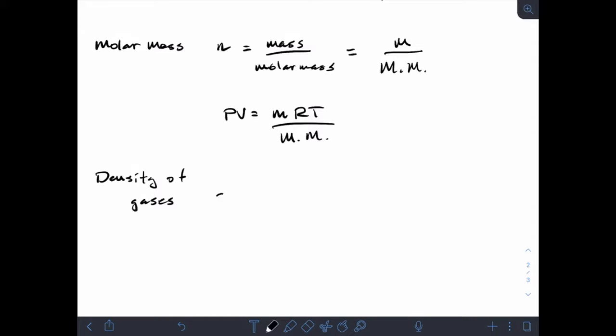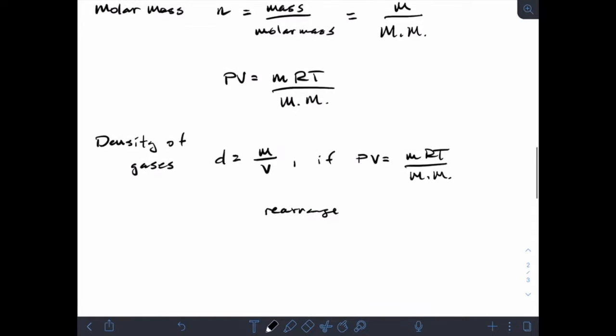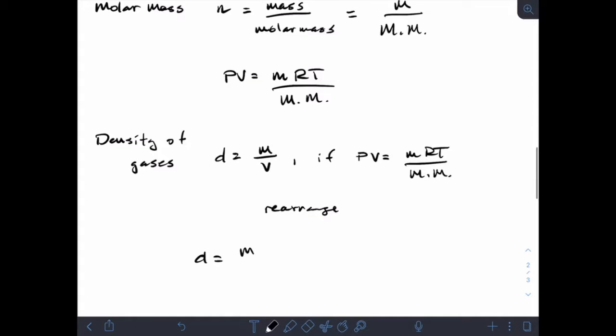If density equals mass over volume, and PV equals mass RT over molar mass, I can rearrange that to give density equals mass over volume equals molar mass times pressure over RT.